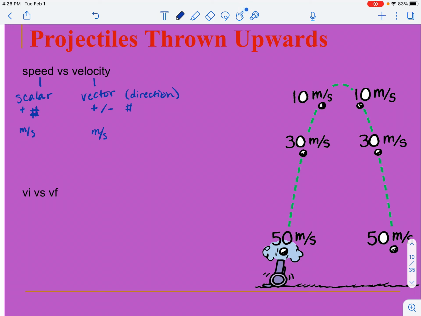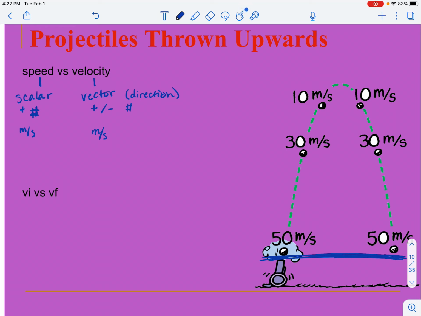Okay, so then it's saying here that we are going to look at the speed versus velocity on this particular illustration. What I want to point out to you is right now it shows you the speed. How do I know that? Because there are no negatives. The speed of my cannonball at the moment that it leaves the cannon and then at the moment that it returns to the same vertical position, it went up and came back down.